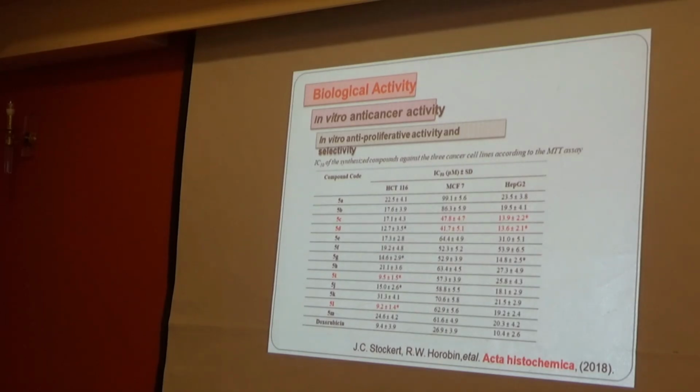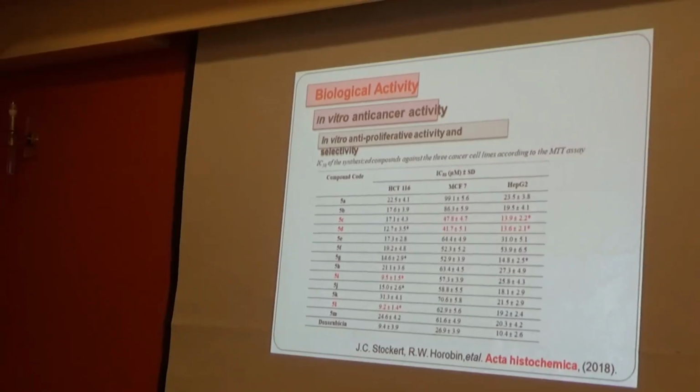Biological activity: in vitro antiproliferative activity and selectivity. This table shows the IC50 of the synthesized compounds against three cancer cell lines: colon cancer cells, breast cancer cells, and liver cancer cells.